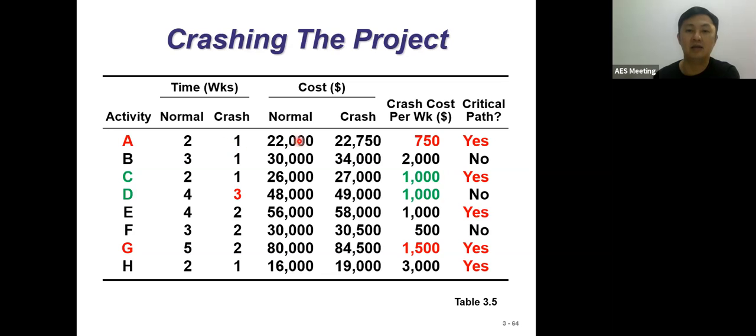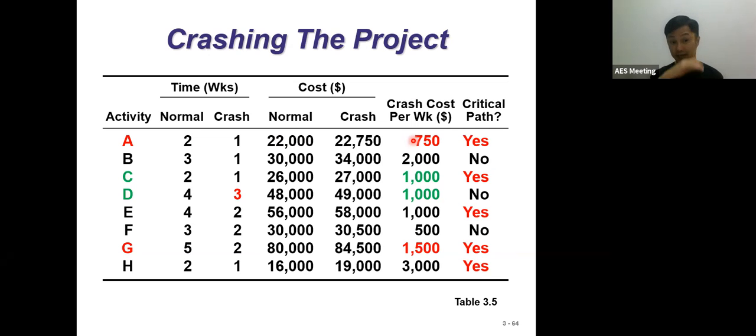So 22,750 minus 22,000 gives 750, and 750 divided by 2 minus 1, which is 1, gives 750 cost per week. What does this mean? It means that for one week, if we crash activity A, we need to pay 750. I hope you're fine with this.